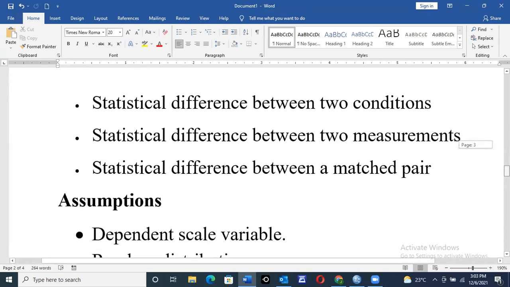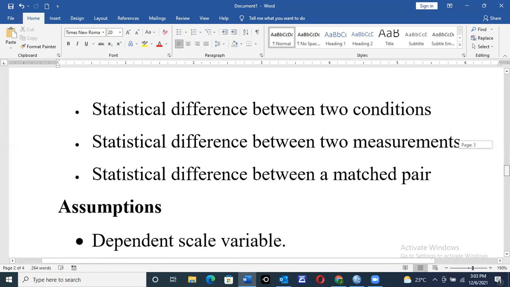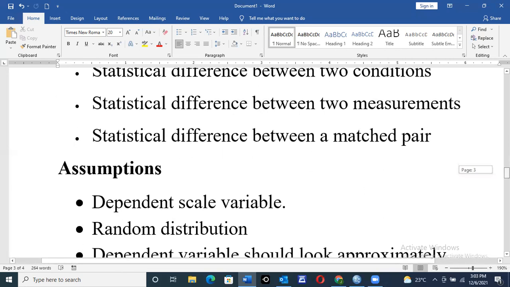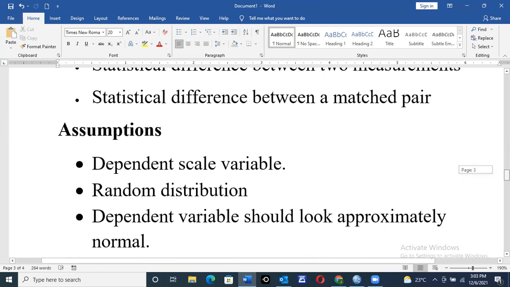The third one is when you want to know the statistical difference between two measurements. For example, the ophthalmologist wants to know whether there's a difference between the measurement for the left and the right ear, and that needs to be determined. And finally, when there's a statistical difference between a matched pair.